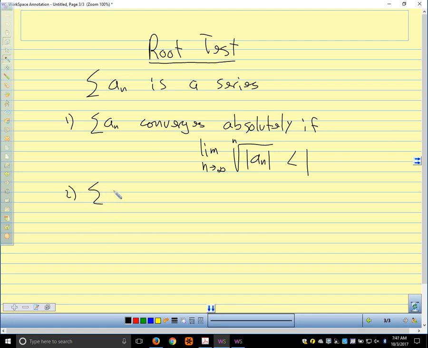Our series diverges if this limit is greater than 1, or doesn't exist.